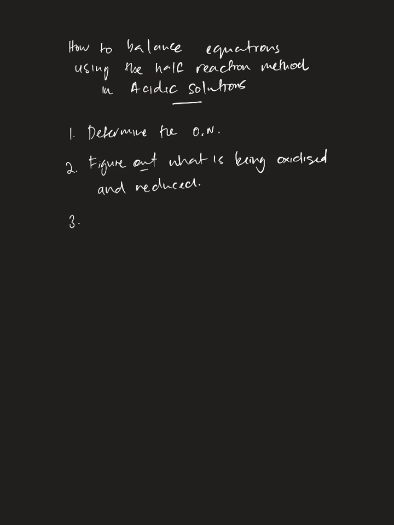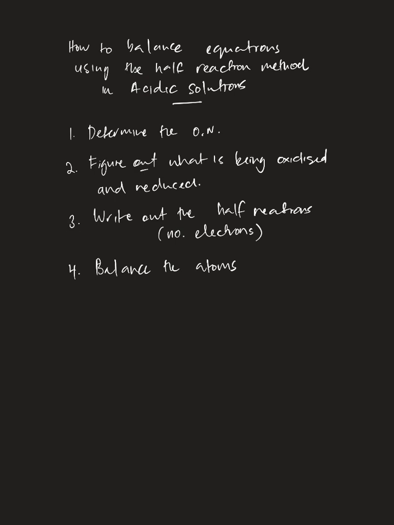After you do that, you need to write out the half reactions. And when you do this, there's no electrons involved, right? The fourth thing you needed to do is balance the atoms, right? How we do that, balance the atoms beside O and H.